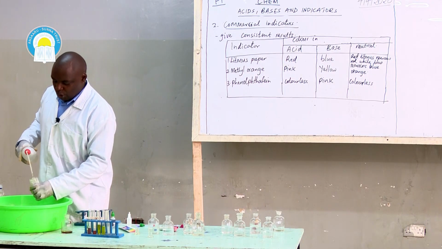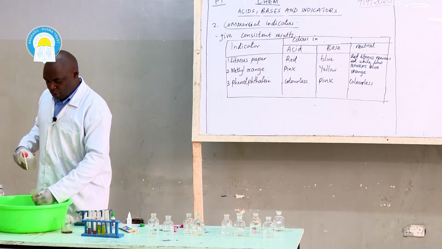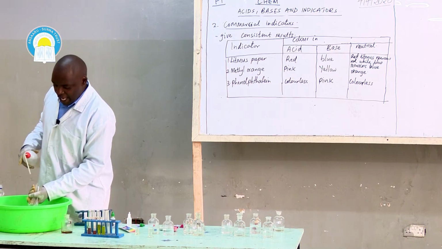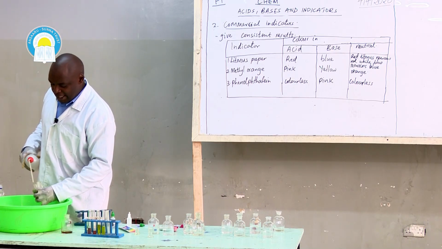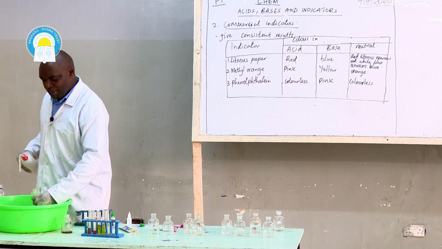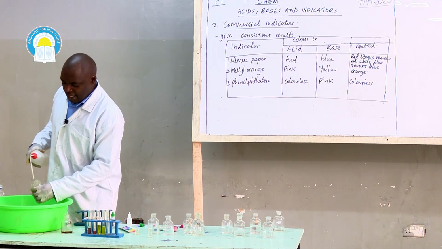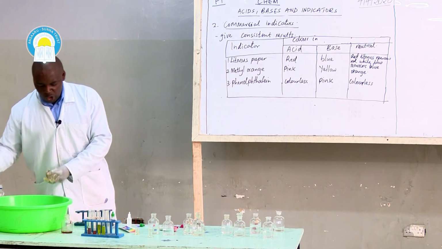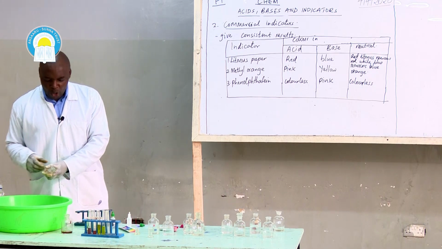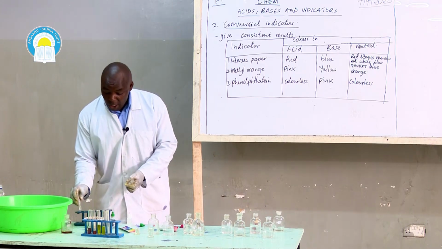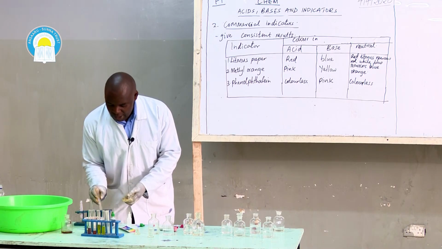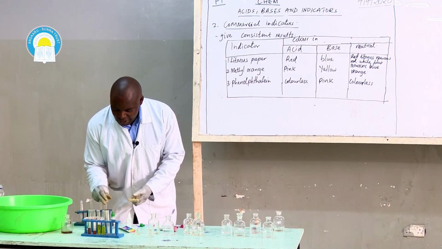Hydrochloric acid, nitric acid, sodium hydroxide, ammonia solution, distilled water, and sodium chloride will show the same color with all those indicators. But we know that not all those solutions are the same. Some acids and bases are stronger than others.